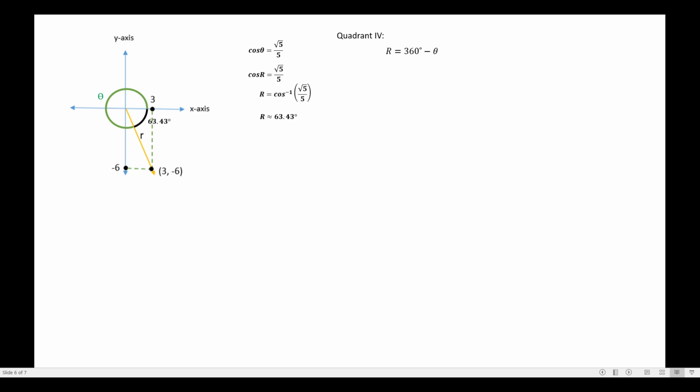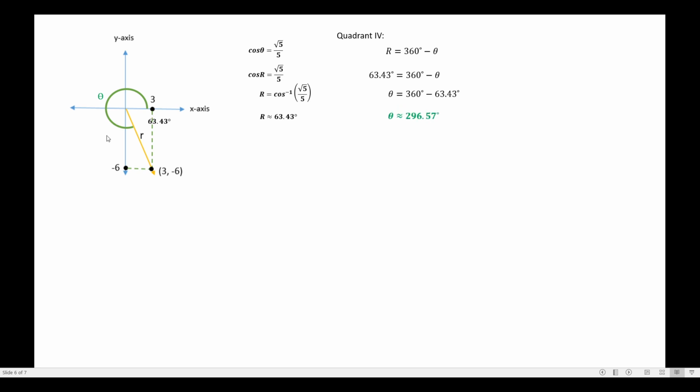In here, you will substitute the value of r. So you have now 63.43 degrees equals 360 degrees minus the angle theta. Algebraically, you will get 360 degrees minus 63.43 degrees. Since we subtracted, I already removed the reference angle in the illustration.